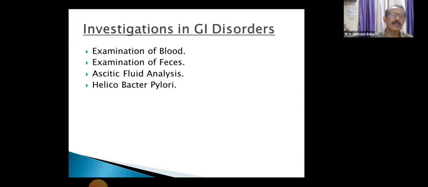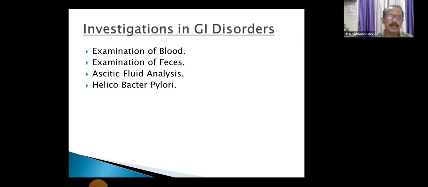And one of the most important organisms which causes continuous ulceration in the stomach or in the GIT is Helicobacter pylori.